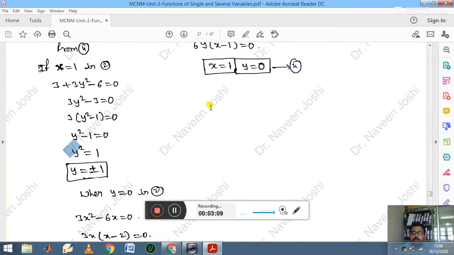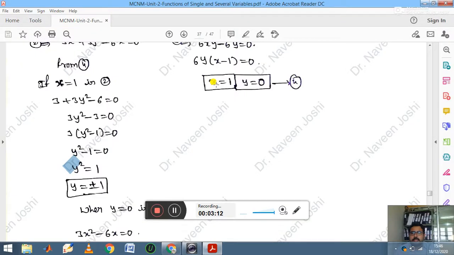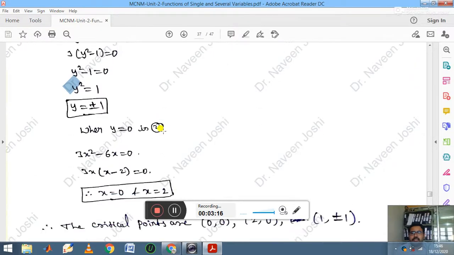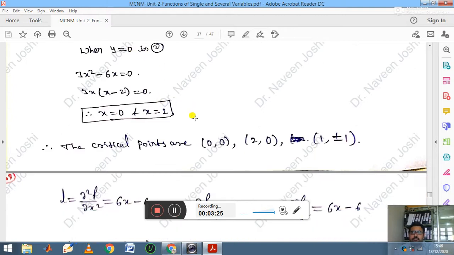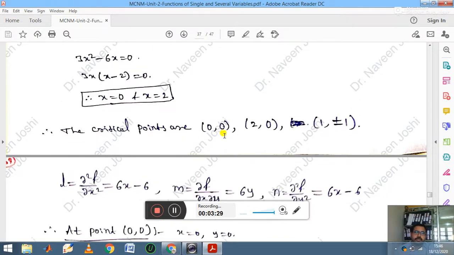First set is x comma y, 1 comma plus or minus 1. Then 0 comma 0 is one set, 2 comma 0 is one set. So the critical points are 0 comma 0, 2 comma 0, 1 comma plus or minus 1.